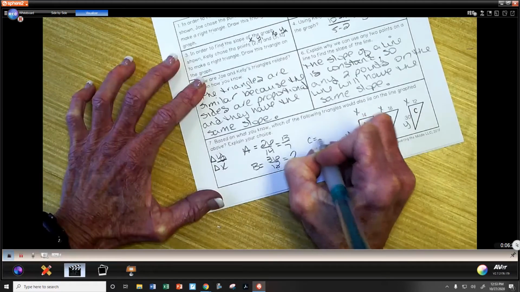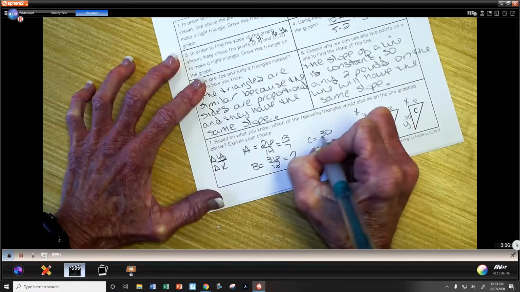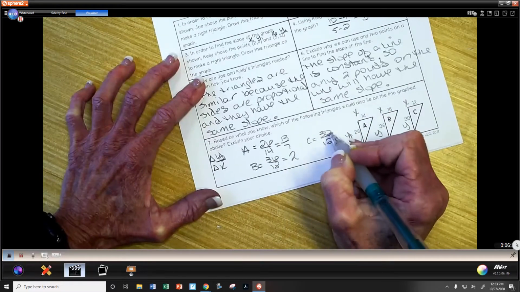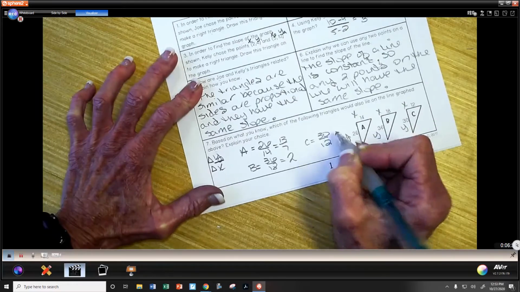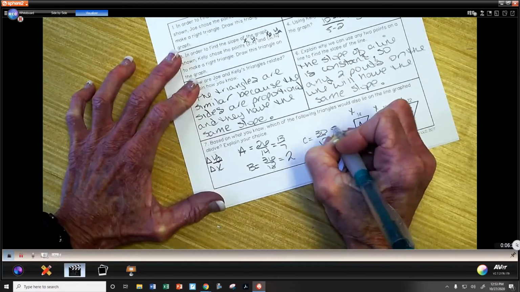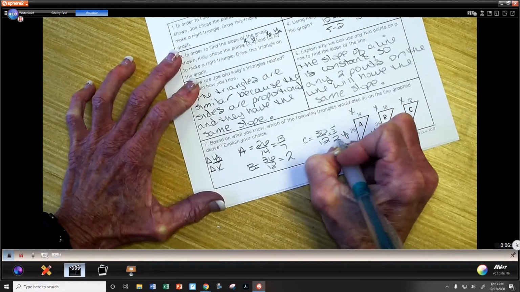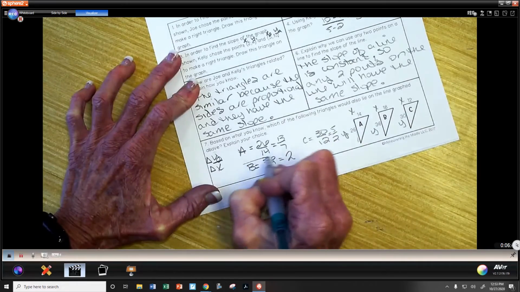And let's try C and see if it works. 30 over 12. Well, let's see. How about 6? 6 goes into there 5 times, and 6 goes into there 2. Well, that's not 2.